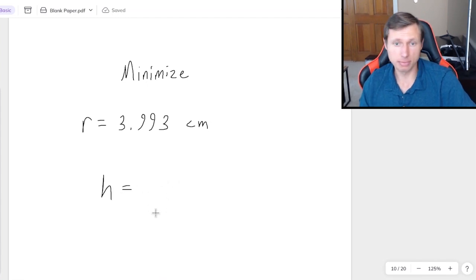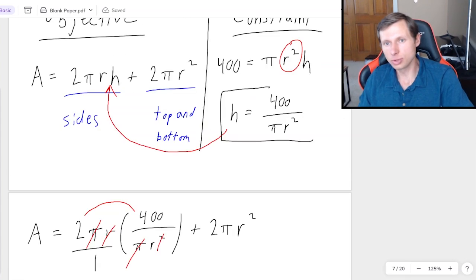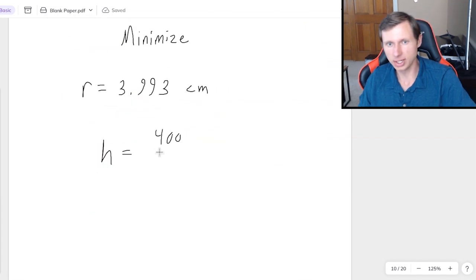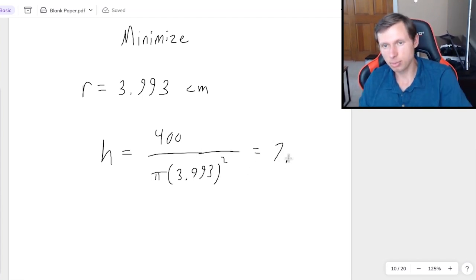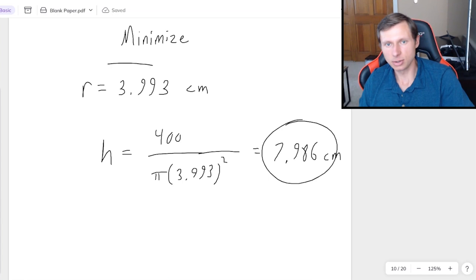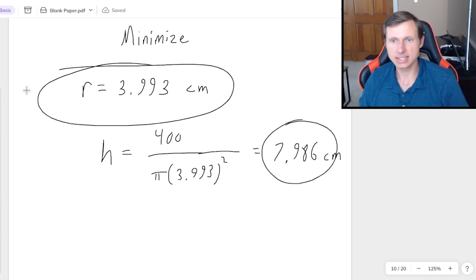Well, we said earlier from the constraint, height equals 400 over pi r squared. So 400 over pi times 3.993 squared. And that's going to give us a final answer of 7.986. And that's going to be centimeters. So there's our height, there's our radius, and that's the answer.